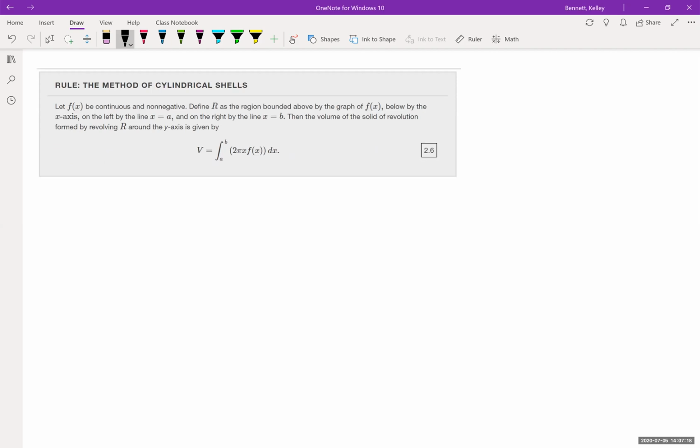If you have a function, let's consider rotating about the y-axis. Say you have a function f of x going from A to B, bounded below by the x-axis, and we want to rotate this around the y-axis.